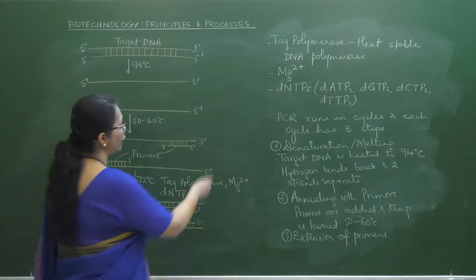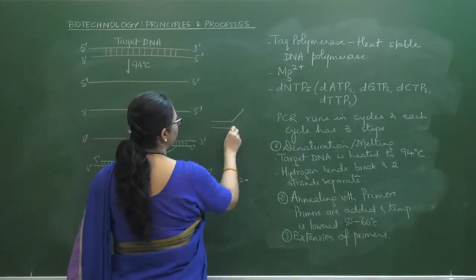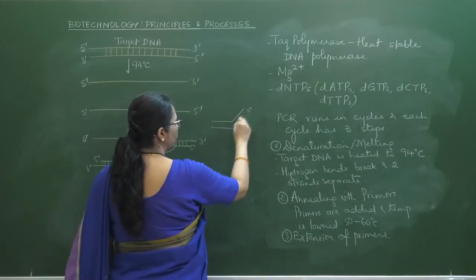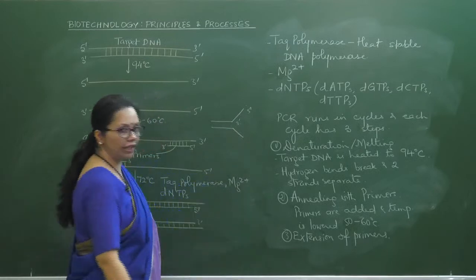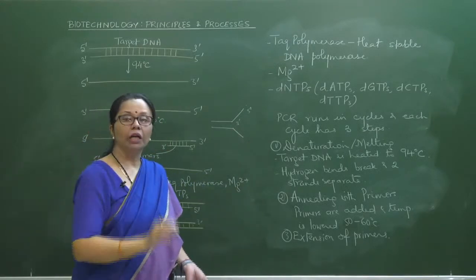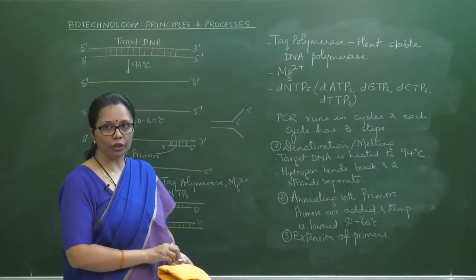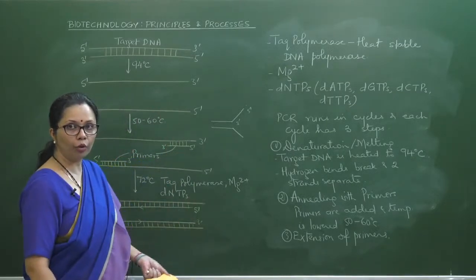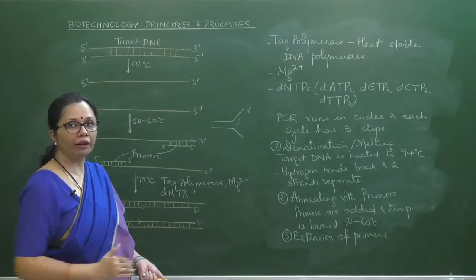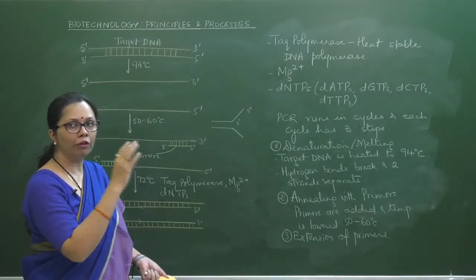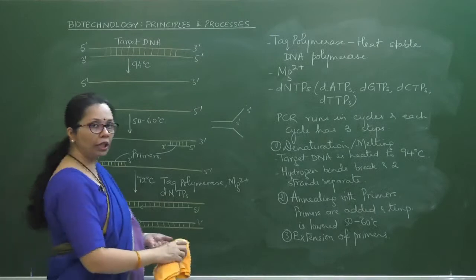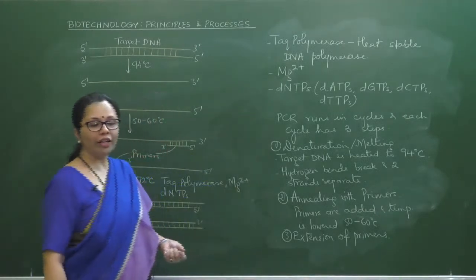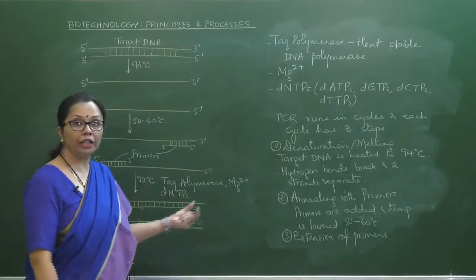In that, a replication fork was formed, so at one end the 5' to 3' was available, but on the other side it was not. That's why we had the lagging fragments or Okazaki fragments. But here the entire DNA has been separated out, so both strands are getting replicated at the same speed. There is nothing like leading or lagging strand, both are leading now. This is the speciality of PCR.